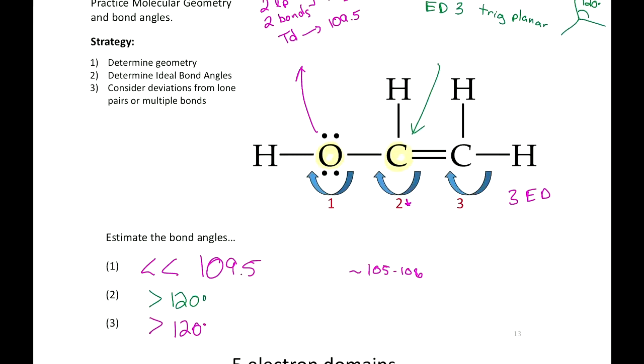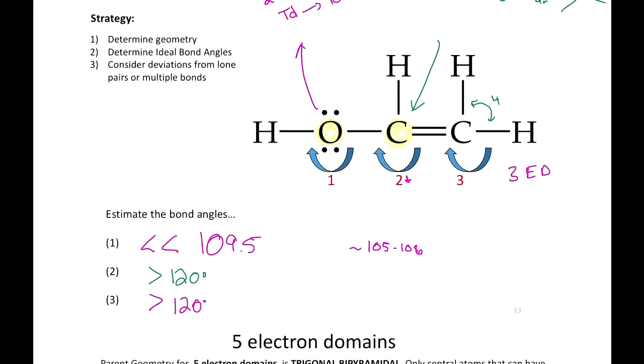If I called this bond angle number 4, what would it be? Exactly 120, more, or less than 120? This one's going to be less than 120, because it's opposite of where that double bond is.